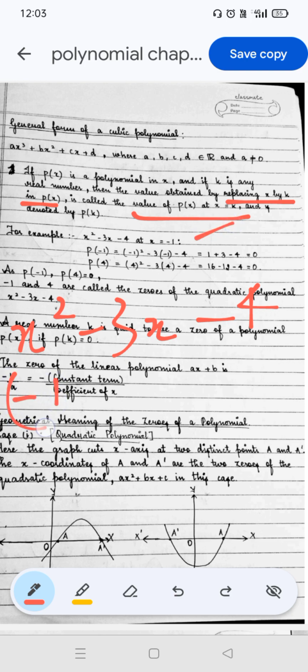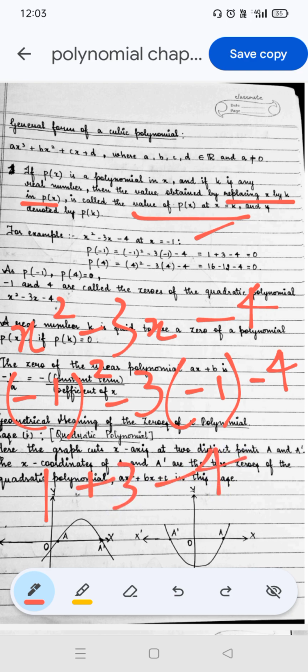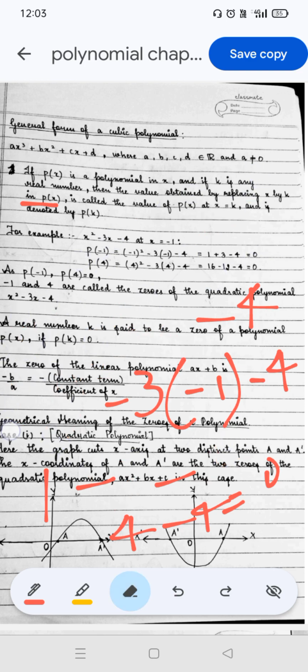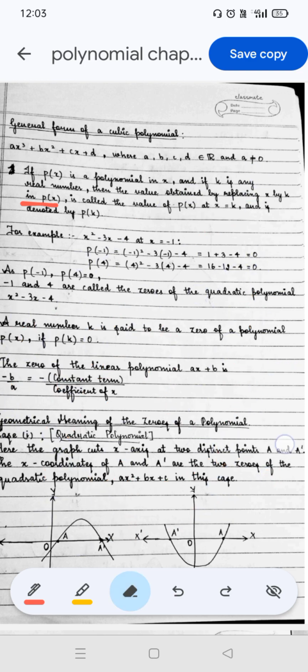So I am substituting minus 1: minus 1 square minus 3 into minus 1 minus 4. So minus 1 square is plus 1, and minus 3 into minus 1 is plus 3, and minus 4. We know 1 plus 3 is 4 and 4 minus 4 is equal to 0. And hence we can say that the value of p of minus 1 is 0.